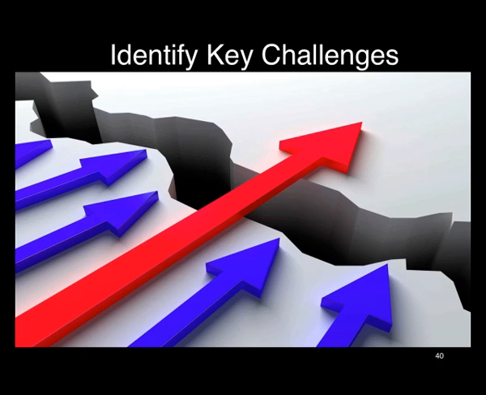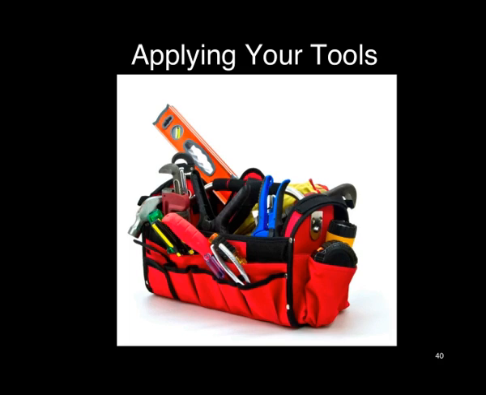And then we're going to apply our toolbox. We talked earlier about our toolbox. Our toolbox is that list of tools, the list of processes and methodologies that you have to resolve issues. So you want to use your toolbox to demonstrate how you solve the problem. Now, let me repeat that. You want to use your tools to demonstrate how you solve the problem.